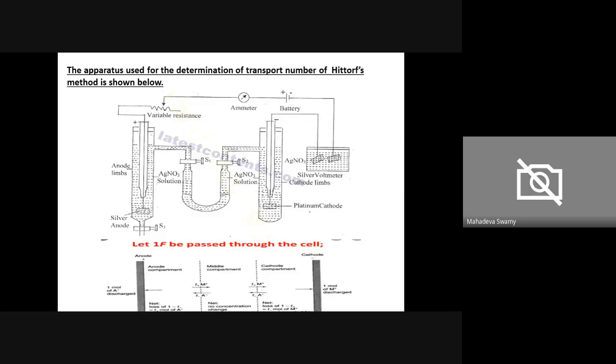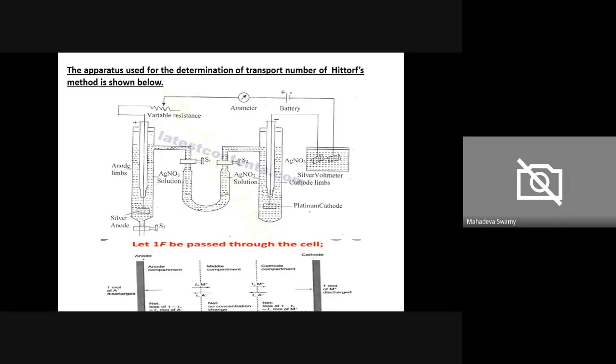Here, there is no concentration change in the middle compartment. In the anode compartment, there is a net loss of 1 minus t plus ions. So 1 mole of M plus is discharged, and here 1 mole of A minus anion is discharged. These are the general discussion only for your understanding.